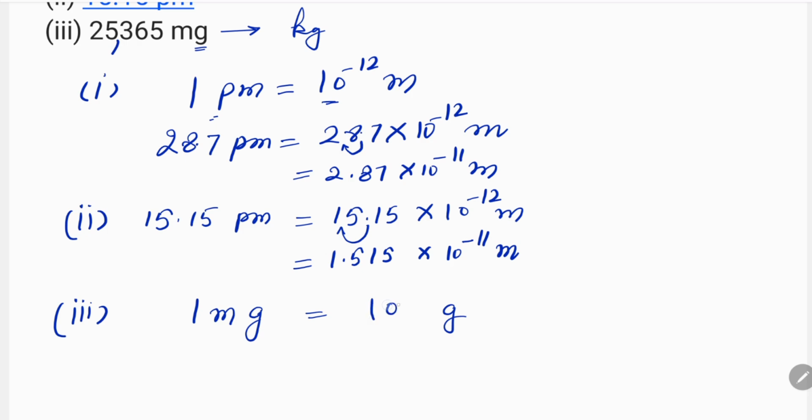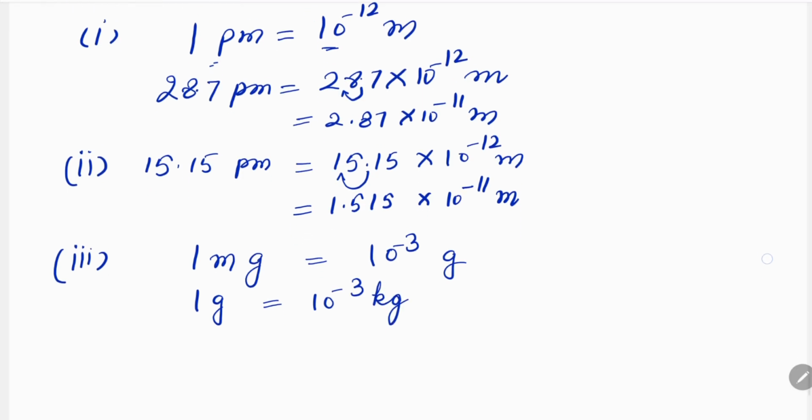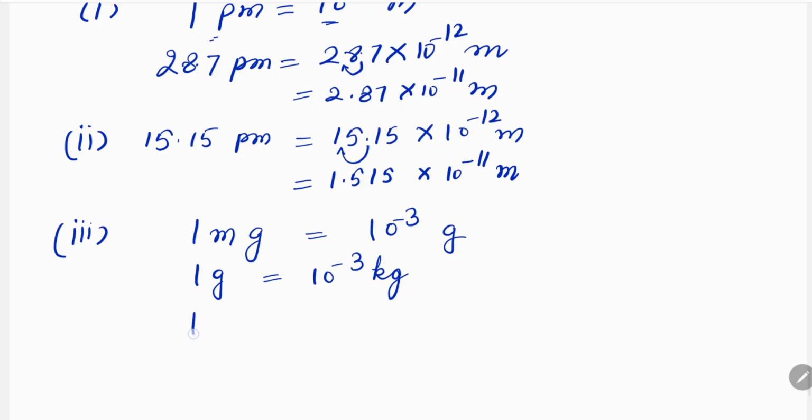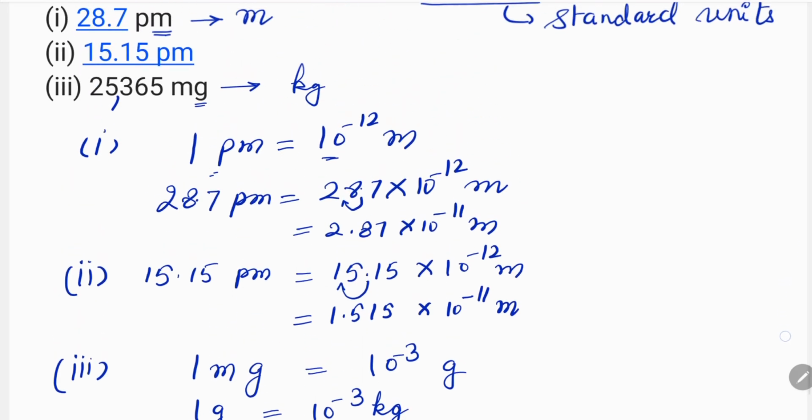So milli means 10 raised to power negative 3. So 1 milligram is 10 raised to power negative 3 grams. Okay, and 1 gram is equal to 10 raised to power negative 3 kilogram. Okay, so let's use this particular, and 1 milligram will be equal to 10 raised to power negative 6 kilogram. So we are using this relation.